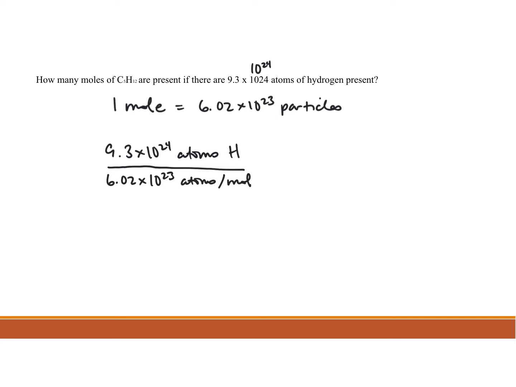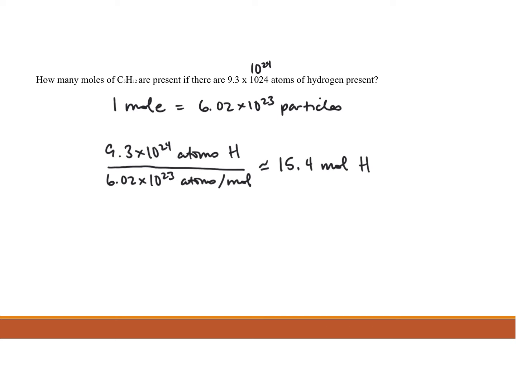And when you put that into the calculator, I'm going to go ahead and run that calculation here and see that it gives you 15.4 moles of H. But remember here, the question is asking you for how many moles of C5H12 are present.